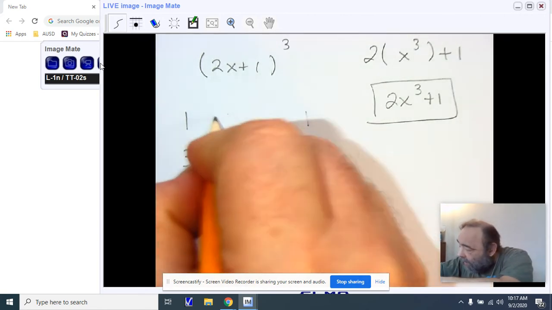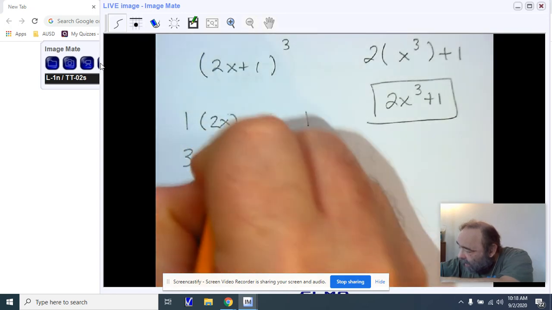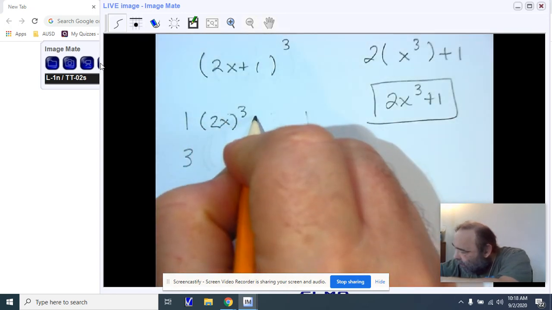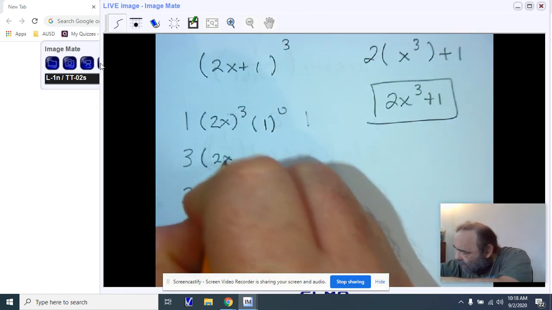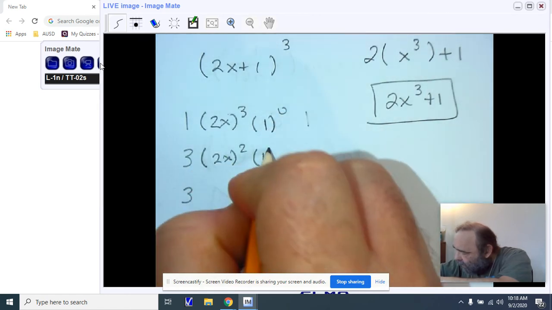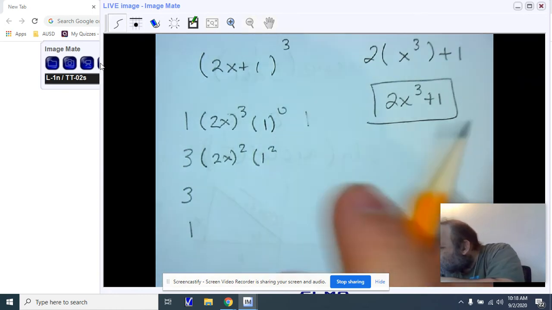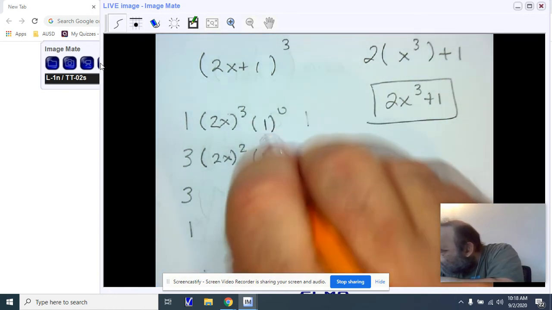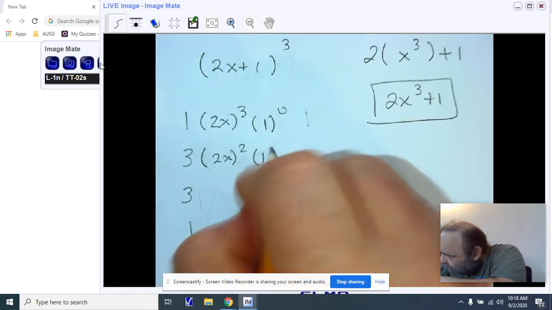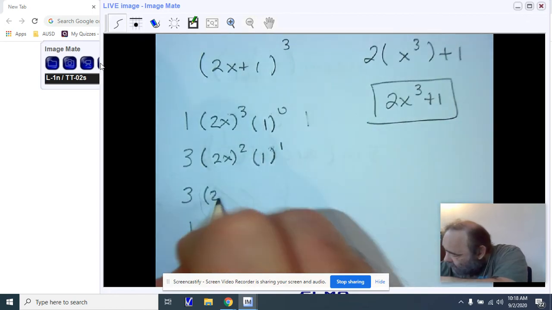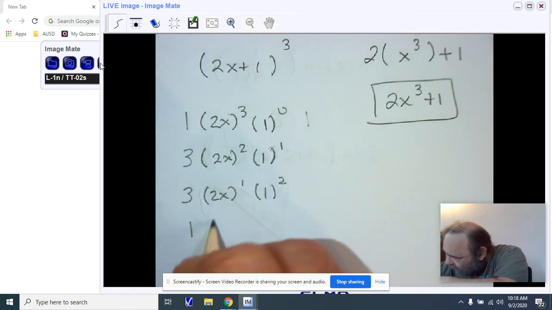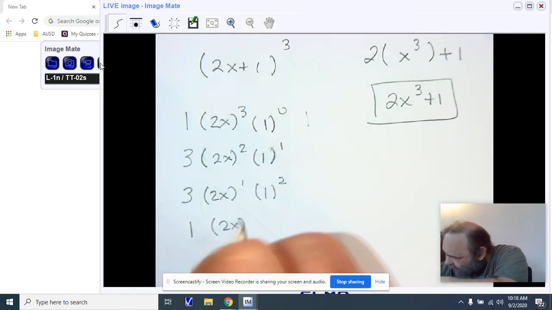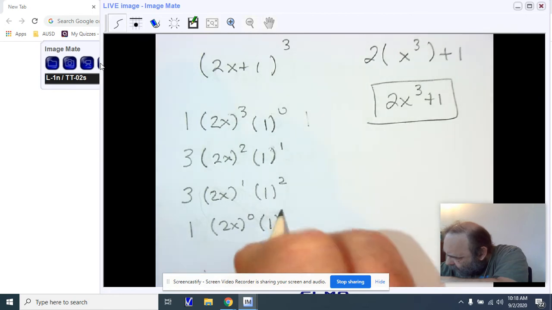We're starting off with 2x to the third, with our 1 to the 0, followed by 2x squared, 1 to the first, followed by 2x to the first, 1 squared, and finish with 2x to the 0 and 1 cubed.